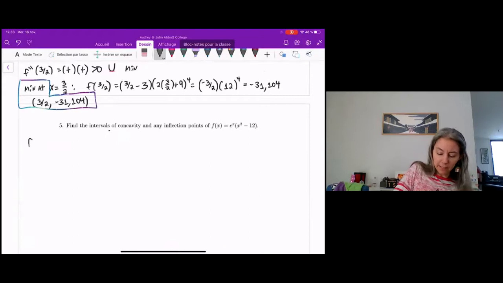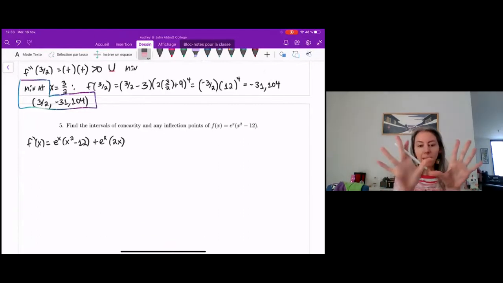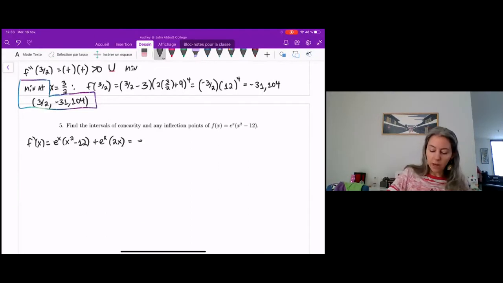F prime of x, the derivative of the first times the second, plus the first times the derivative of the second. Now, I want to simplify this to find my second derivative, which means we want to have the e part times the polynomial part. I'm not looking for a greatest common factor here. I'm just factoring out the e.